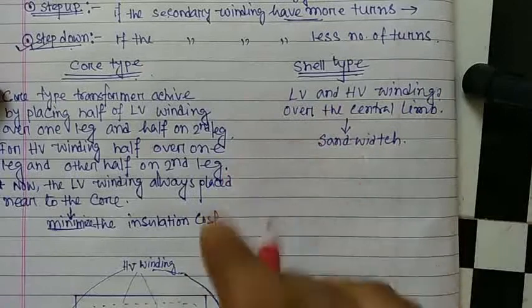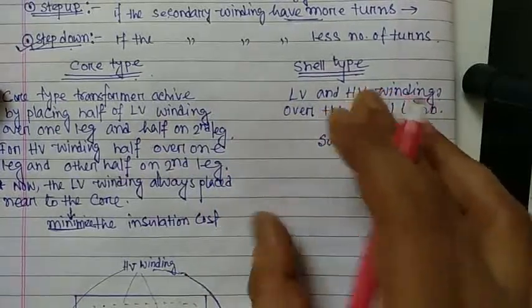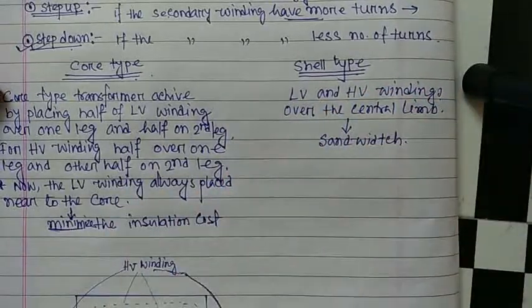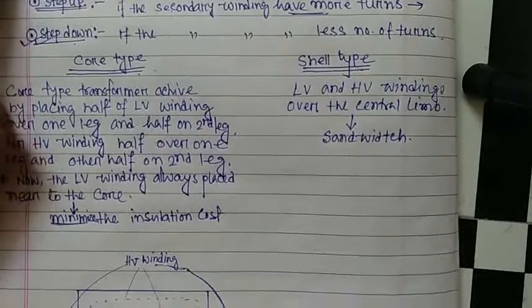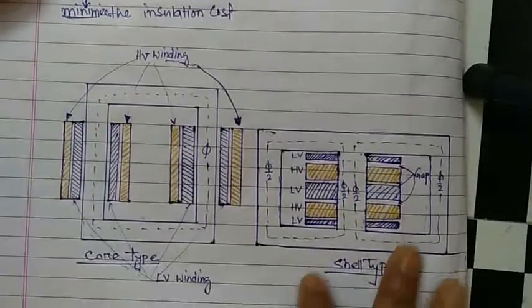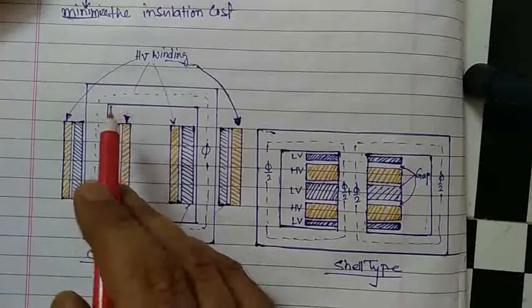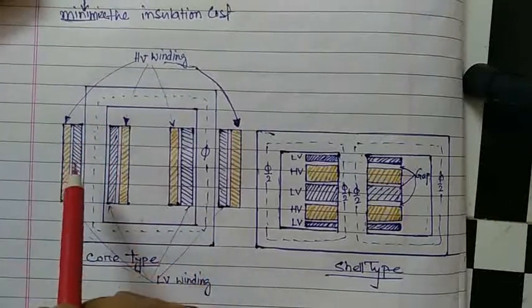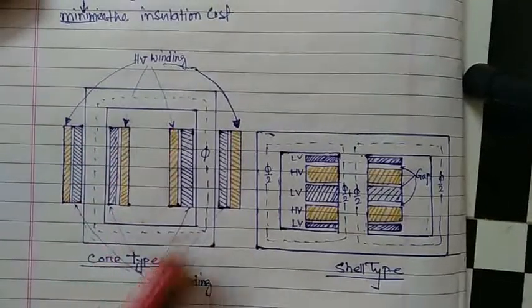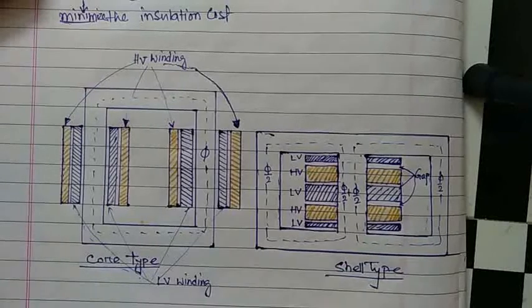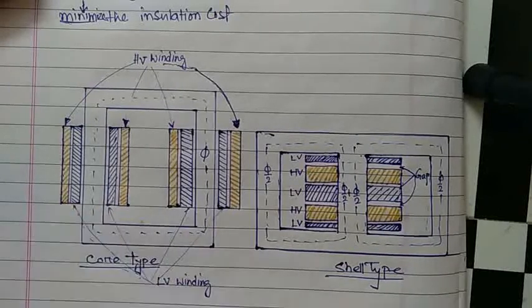That means low voltage, high voltage, low voltage, high voltage. So these are the figures of core type and shell type single phase transformer.